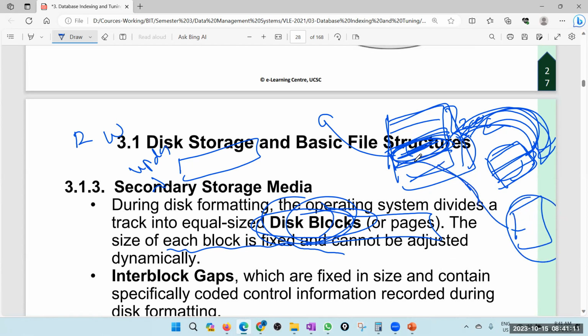You read the block to memory, then you insert the new record into the block, and then you have to write it back. So even insert is read and write. Update is read and write. Delete is read and write, but select is only read, because once you read that block, you can just discard that memory page, because you don't have to write it back.